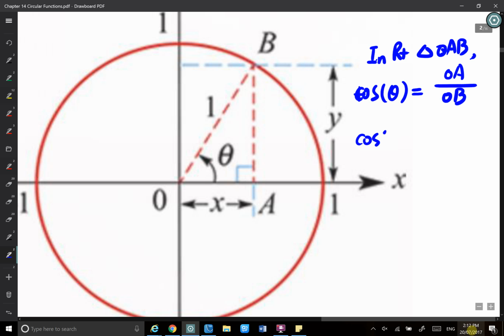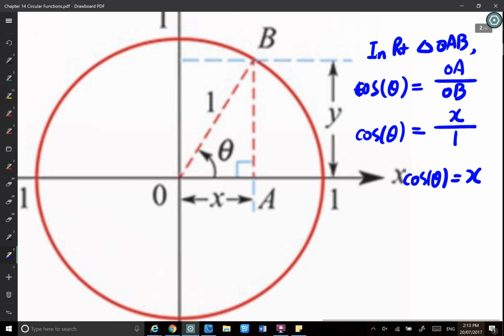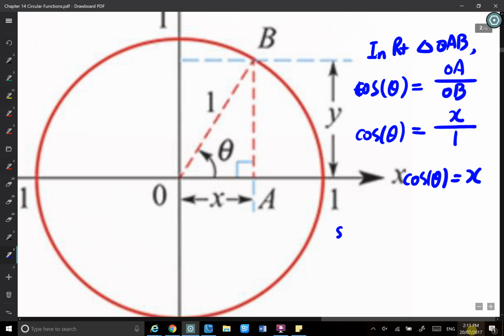So what is cosine theta? OA is the x coordinate. What is OB? OB is just 1, because it's a unit circle, the hypotenuse is 1. All the hypotenuse is the radius, and that is 1. Therefore, cosine theta is just the x coordinate. Sine theta is the same reason.